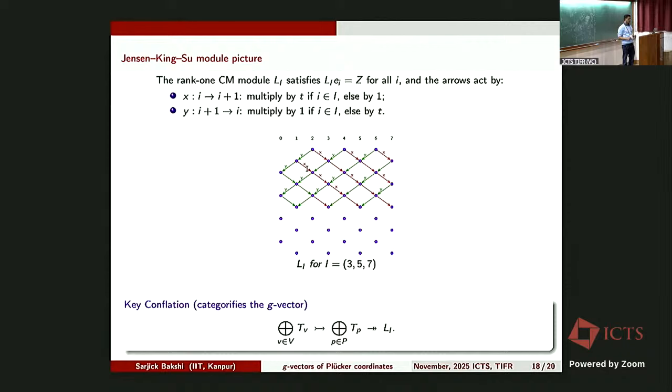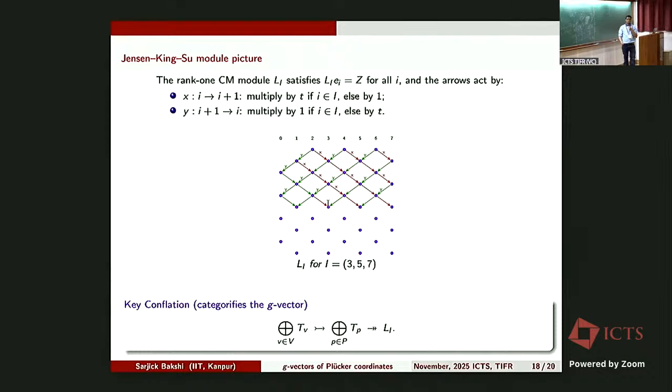So really, if you just look at this diagram, you can extract out a Young diagram in the sense of Lakshmibai and Seshadri. You can see like this. This gives a Young diagram here. This is precisely the Young diagram for 357.